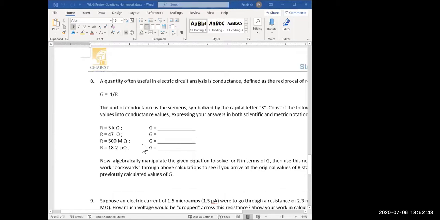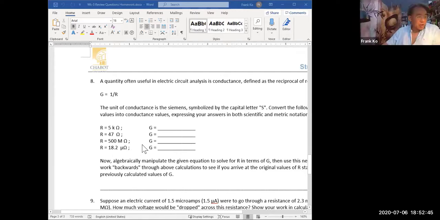Okay. Great. And the very last one of the 4 shows 18.2, very unusual, micro ohms. It's tiny. It's really small. It's about as small as a fly fart. Pretty small. So 18.2 micro ohms.